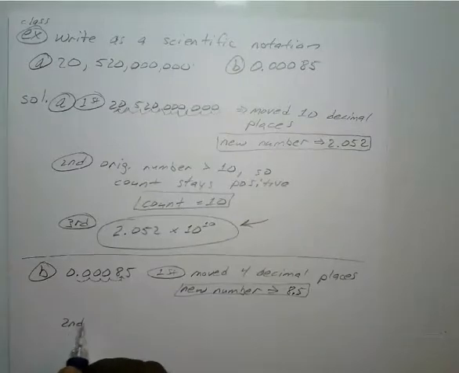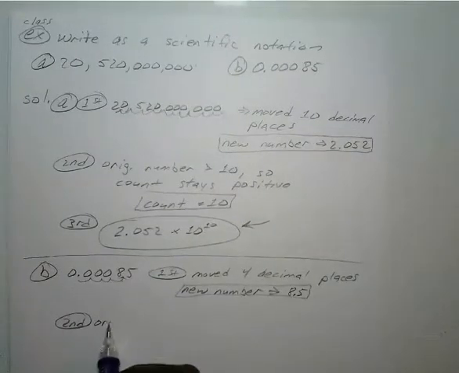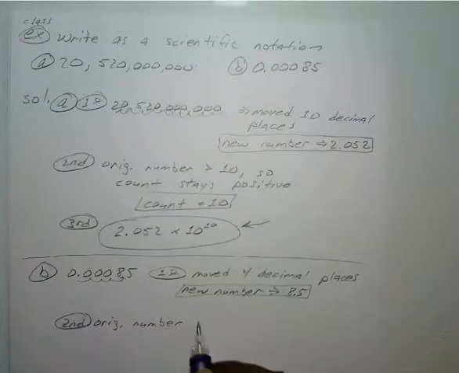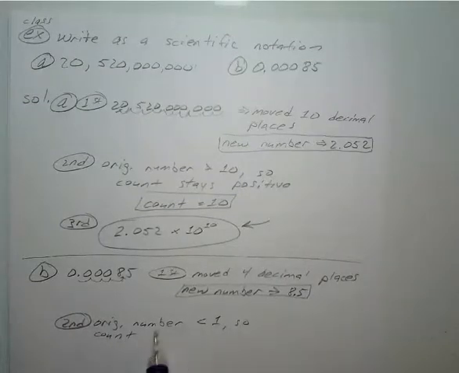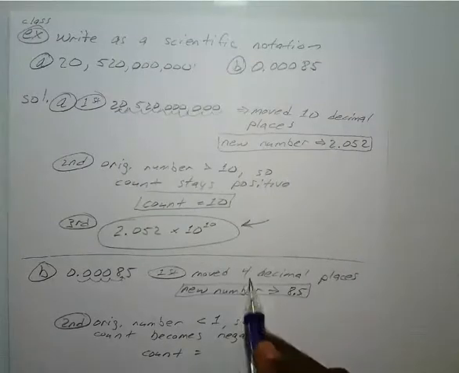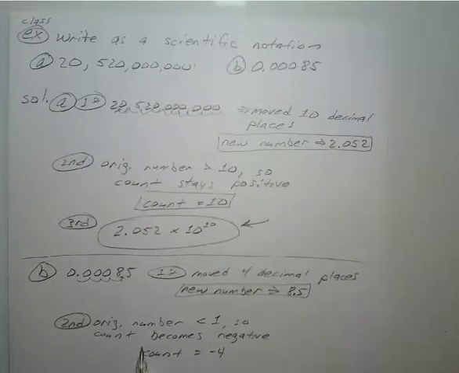Okay, so your second step, your original number is actually less than 1. So count becomes negative. That means your count, instead of 4, becomes negative 4.